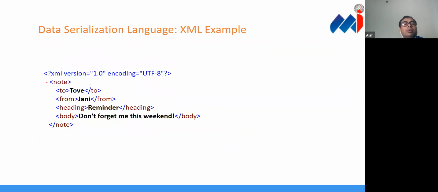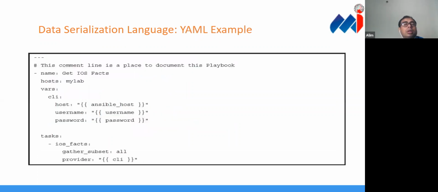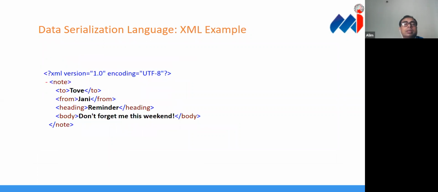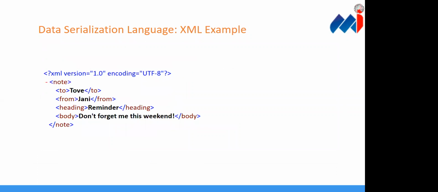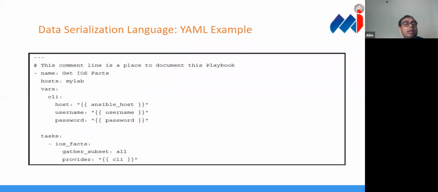And what about XML? XML has angle bracket key value presentation, and it has some similarity to HTML. And we have YAML. YAML has another format.